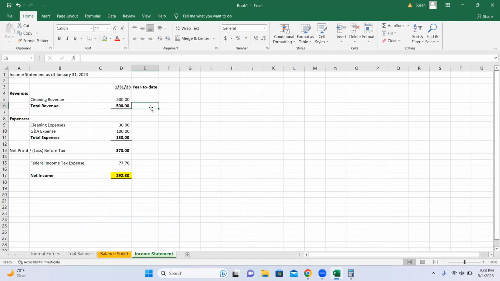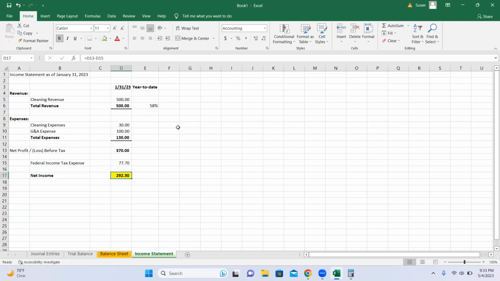Well, let's just say that for this month, our profit margin is 58%. So for every dollar of revenue made, 58 cents actually goes back to net income.